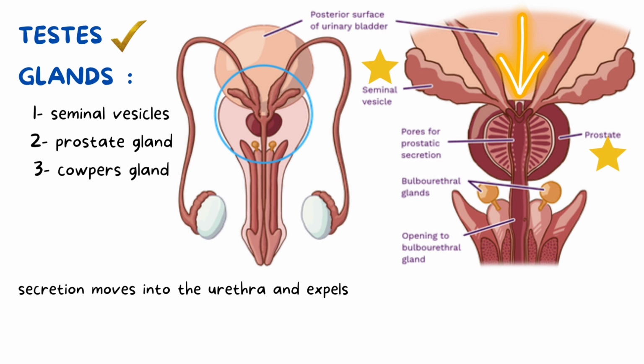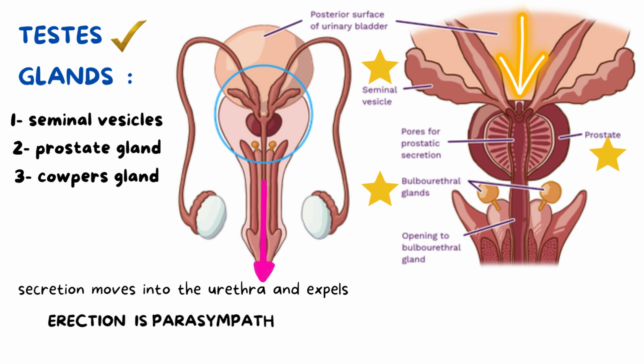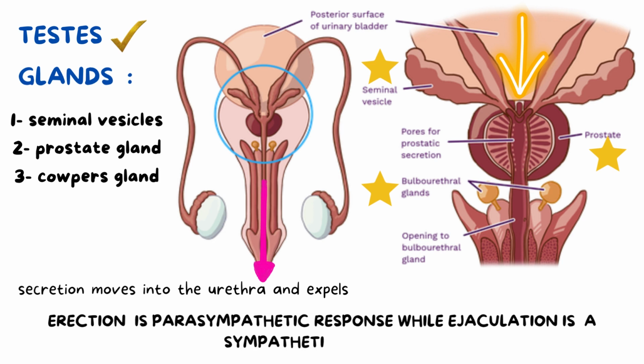We will talk about it in the next lecture. Then we have the Cowper's gland, also called the bulbo-urethral gland. The seminal fluid moves into the urethra where it is released during ejaculation. Remember, erection is a parasympathetic phenomenon, while ejaculation is a sympathetic one.